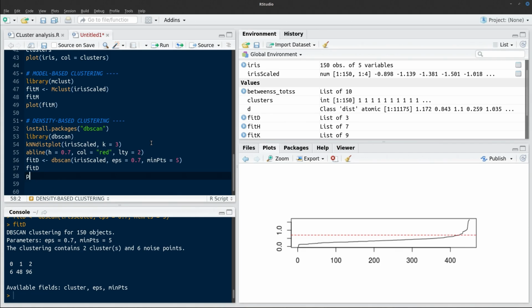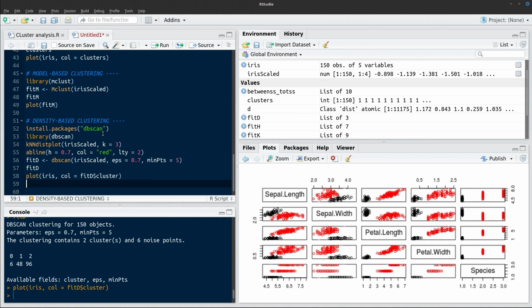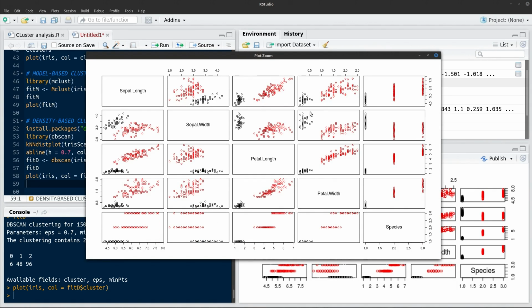And again, we can plot our iris data frame and color by cluster membership as defined by our density-based clustering model. And you can see again that, just like our model-based clustering, this algorithm has identified two different clusters.